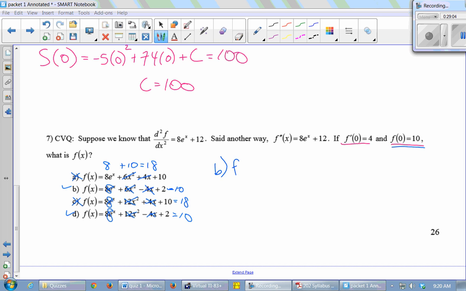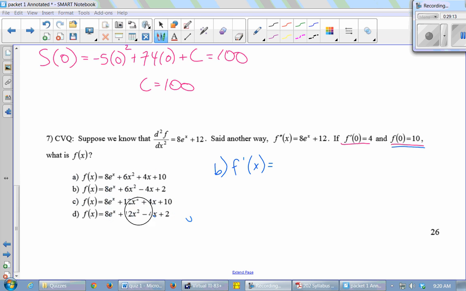So for B, f prime, I should probably erase all this so that I can see it. Okay, so f prime, the derivative of 8e to the x is 8e to the x. And the derivative of 6x squared is 12x, minus 4. The derivative of 2 is 0. So if I plug in a 0 into here, I should get 4, right, if this is the function.